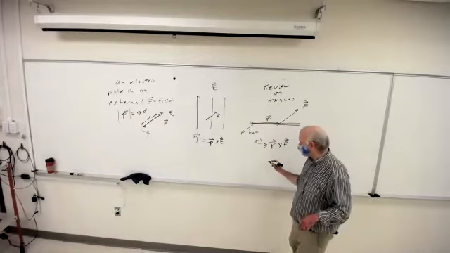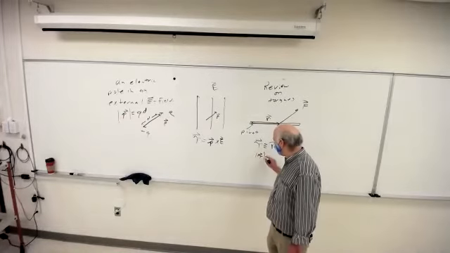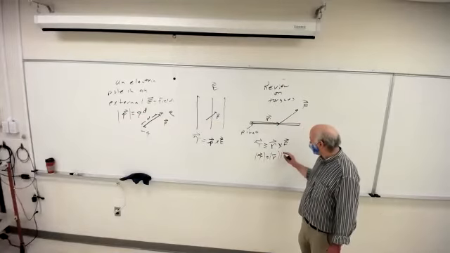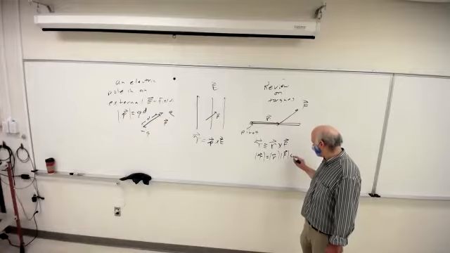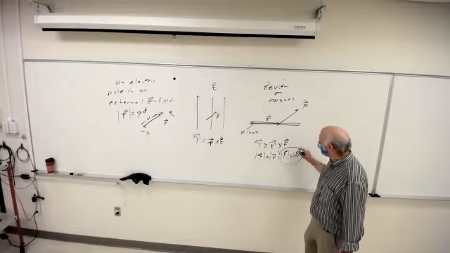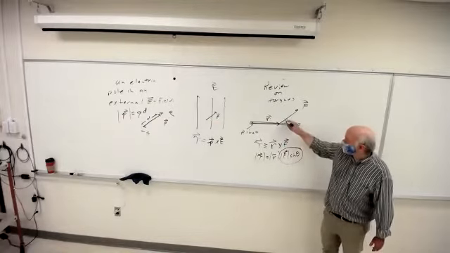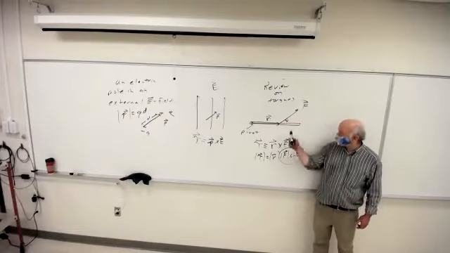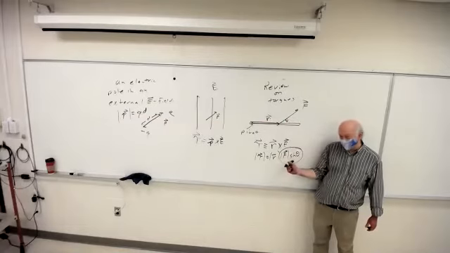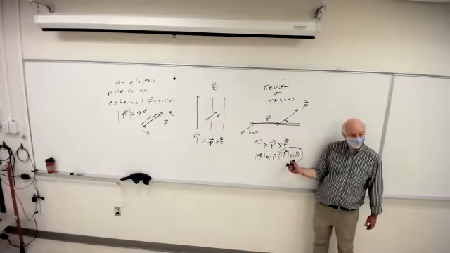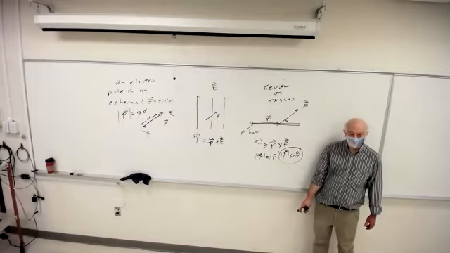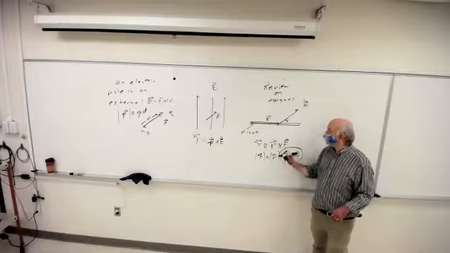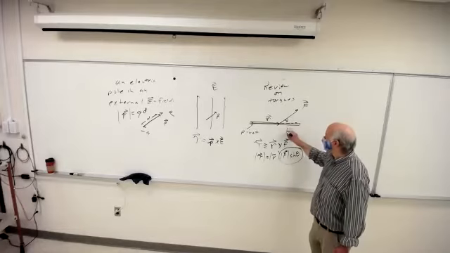We said if you look at the magnitude of this, the magnitude is the magnitude of R times F sine theta. What did we say this F sine theta is? This is F, this is theta. What is F sine theta? Remember, this we called F parallel.